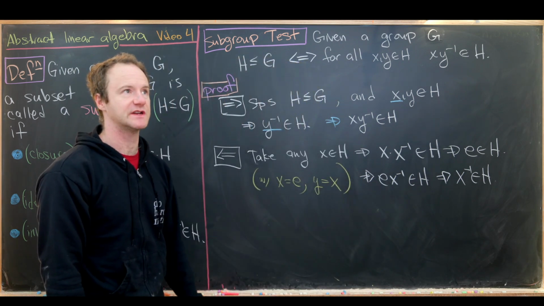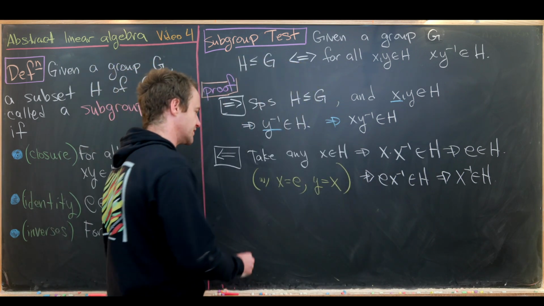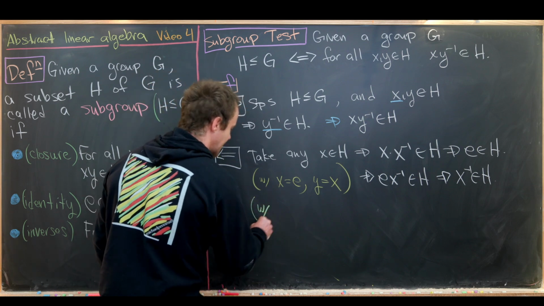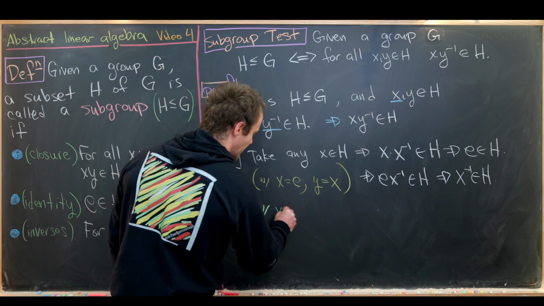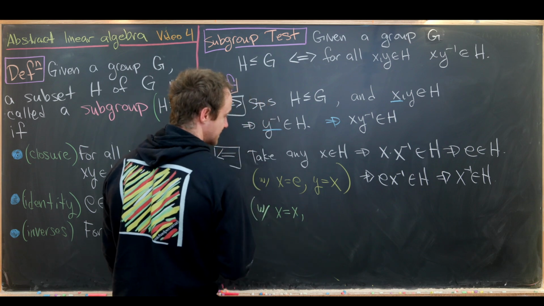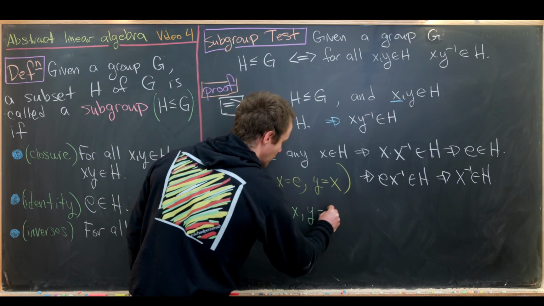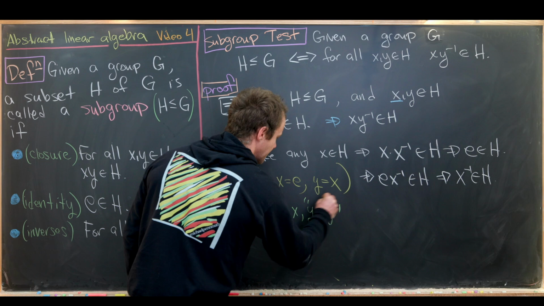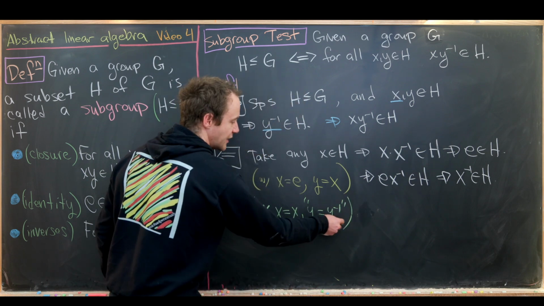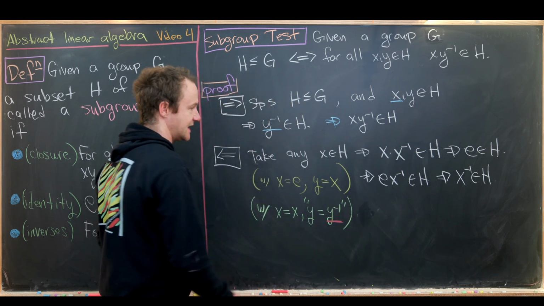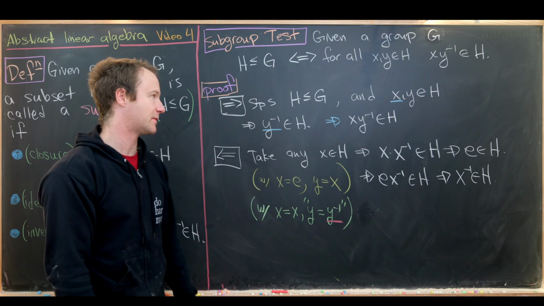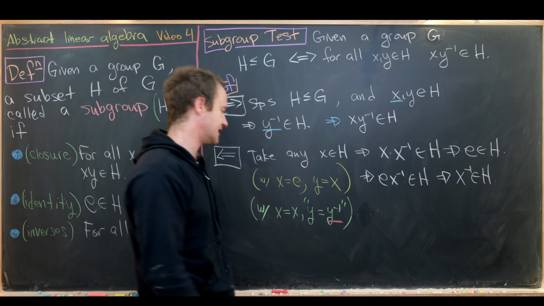Now we just have to show that it's closed under the straightforward operation. And for this case, we'll take our defining condition with x equals x, and then y equals y inverse. And we know that y inverse is in H because of the previous step. Okay, so now let's apply our condition here.